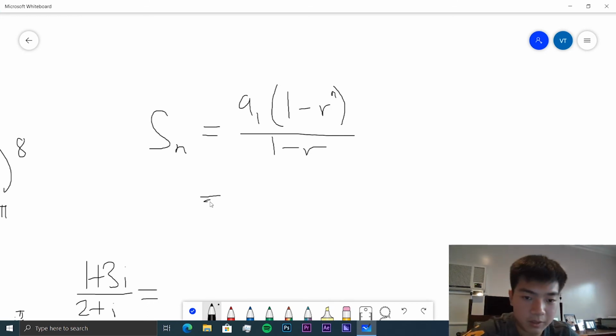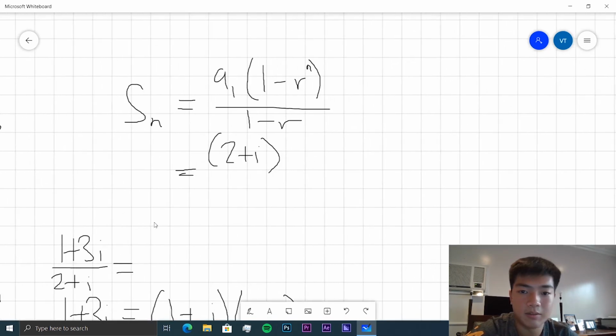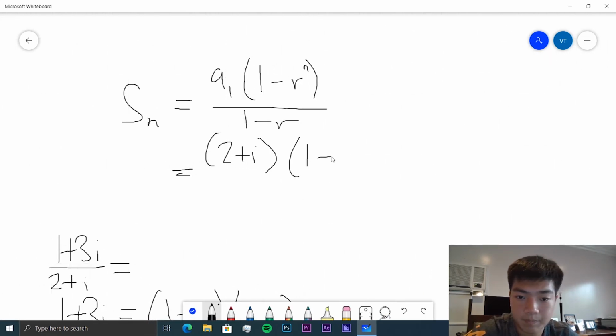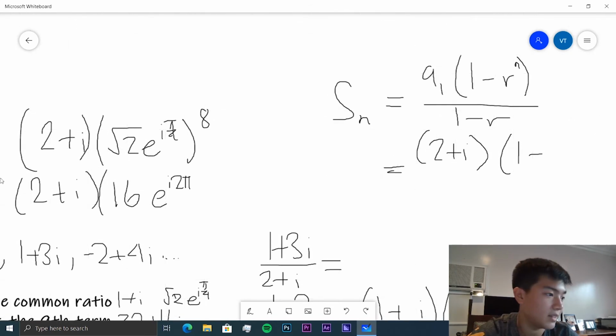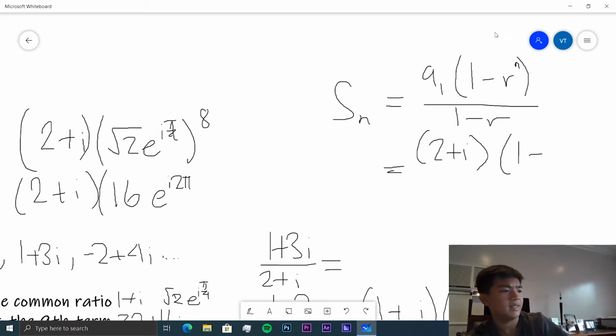So the first term is 2 plus i times 1 minus r to the n. I'm pretty sure this is n minus 1. Yeah.